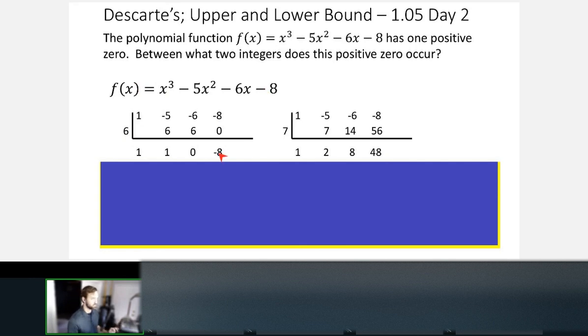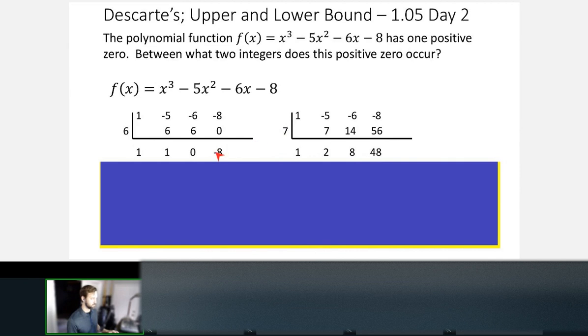If you were to plug in 7 into x and evaluate that, f of 7 equals 48. That's the remainder theorem if you've forgotten. When x is 6, your y value is -8. When x is 7, your y value is 48.